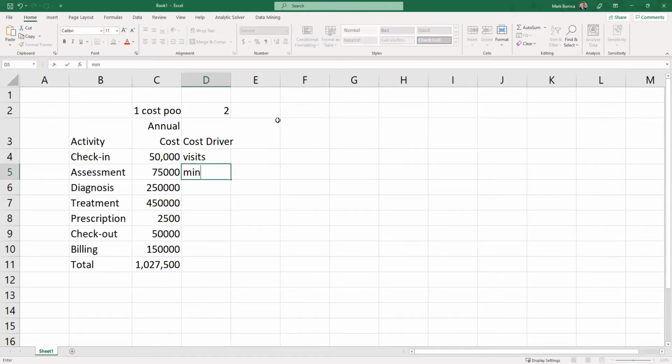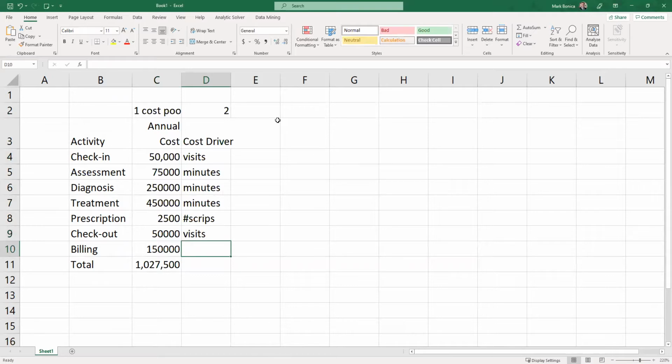For assessment, we're going to measure our driver in minutes, and I'll get to the actual quantities in a minute. Assessment, diagnosis, and treatment are all going to be minutes. Prescription is going to be number of prescriptions ordered, so I'm going to abbreviate that scripts, number of scripts. Checkout, like check-in, is driven by the number of visits, and billing is number of bills per visit.